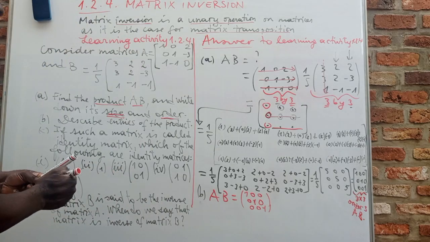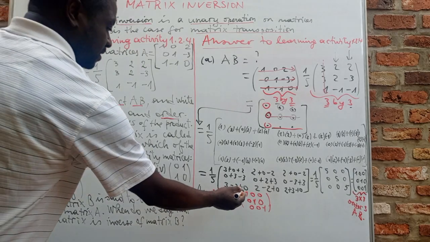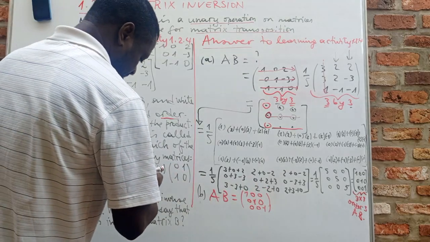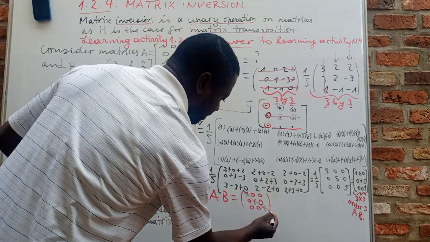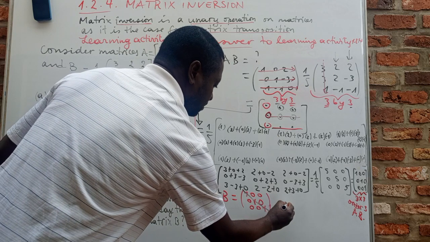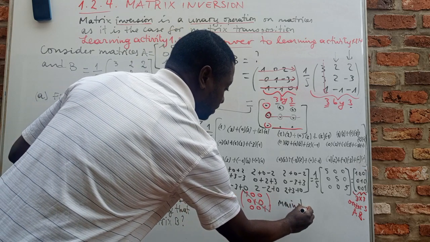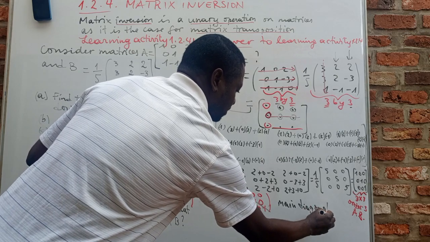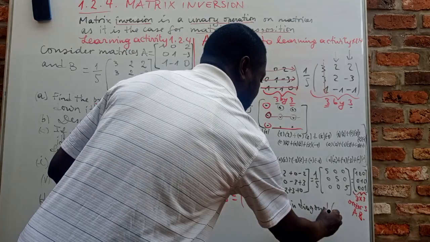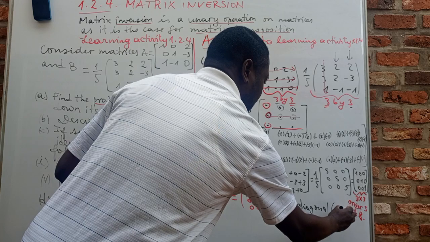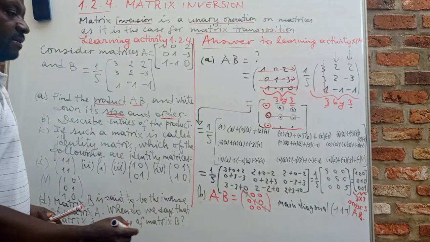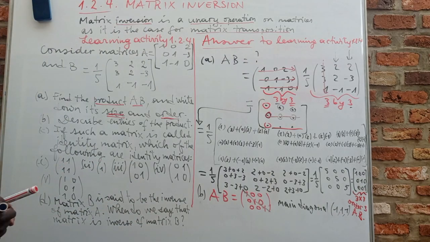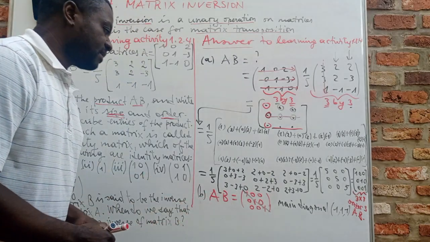It is clear that all entries are zeros except on the main diagonal. This is the main diagonal, which is made up of 1 1 1. Other elements are just 0.